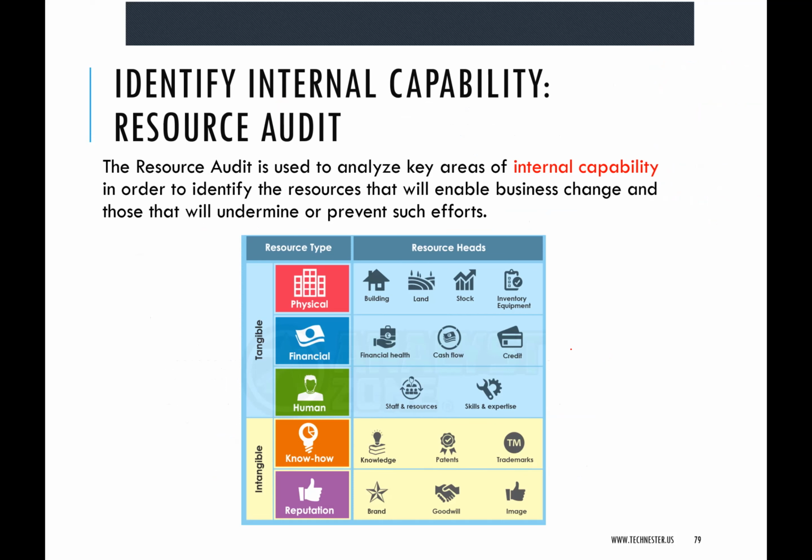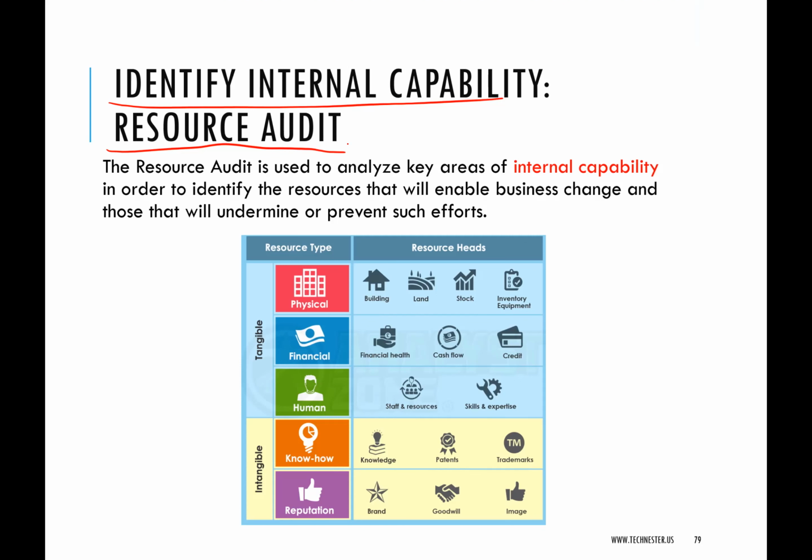So one key technique for identifying internal capability is what we call the resource audit. Now, the advantage here is that this is like a template, just like the Ishikawa model or fishbone diagram, which already tells you what you should look out for.